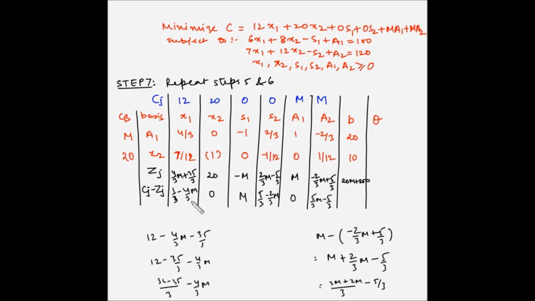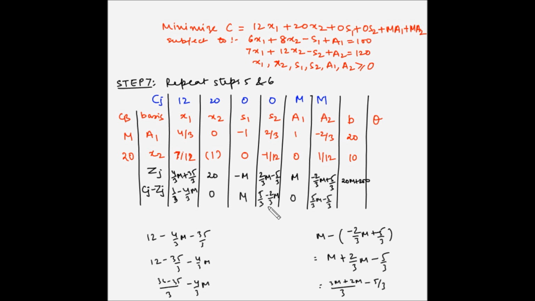So now let's evaluate the cj minus zj row for any negative values, because if any value is negative, that means that there is scope for further improvement. So here we have 1 by 3 minus 4 by 3m. So I would consider this negative because m is a huge number and 4 by 3 is also bigger than 1 by 3. So this is negative.